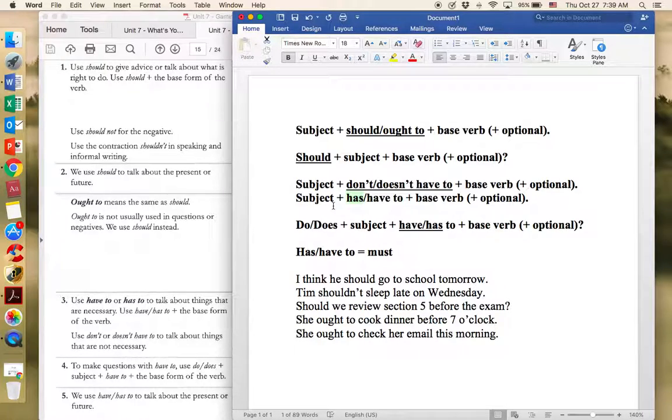Bob has to. My dad has to. Anybody, any singular third person that we can use a pronoun he, she, or it for. Everybody has to. Anyone has to. They have to. That's they is third person plural. So they or two names, Bob and Sherry, have to. Let's do some examples down here.